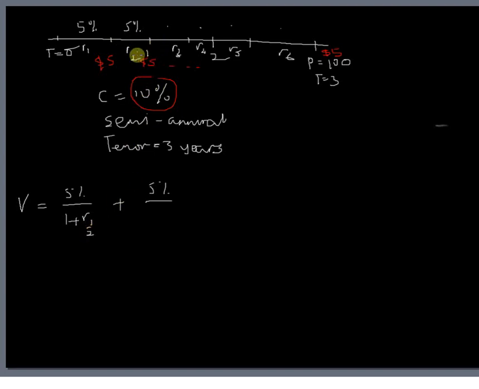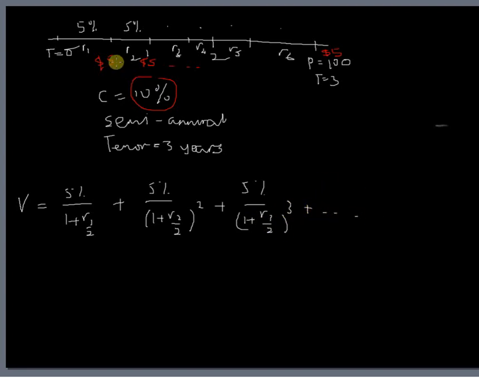So for R2, I should do 1 plus R2 divided by 2 to get the rate for the semi-annual period, and then discount it back 2 periods to t equals 0. And I'll do so for the rest. 5 over 1 plus R3 over 2 to the power of 3, plus, and so on.